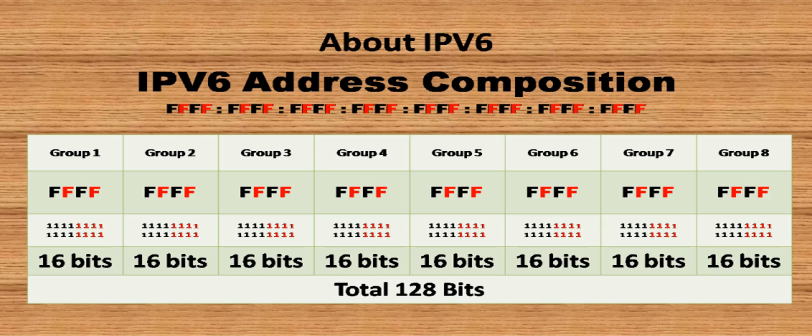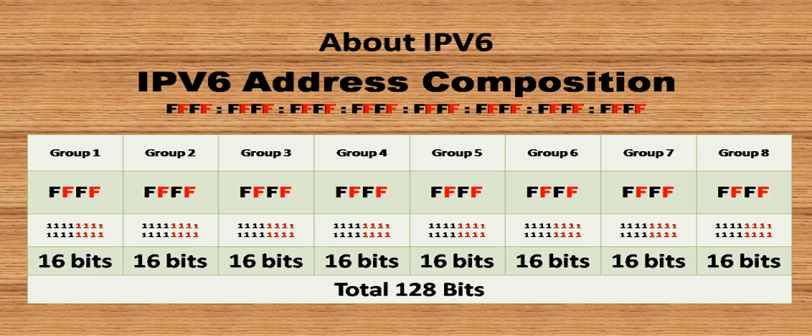So the starting number is 0, the ending number is F: 0 to 9, and 10 equals A, 11 equals B, and so on, F equals 15. There are 16 because the number system starts from 0. So we take F as the extreme value of the hexadecimal number system.